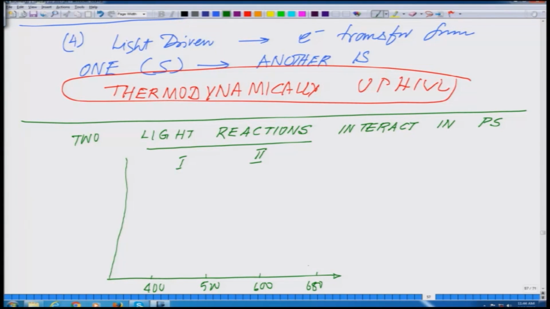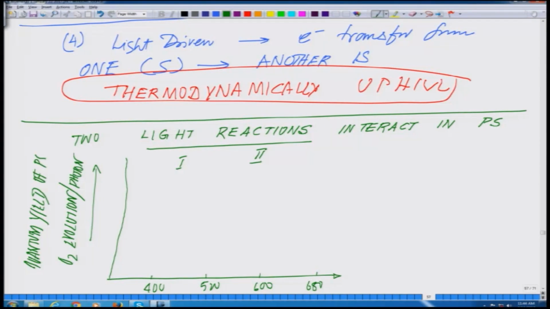And on the other side we will be talking about the oxygen evolution, or the quantum yield, or oxygen evolved per photon, or in other words this is also called the quantum yield of photosynthesis. Okay.